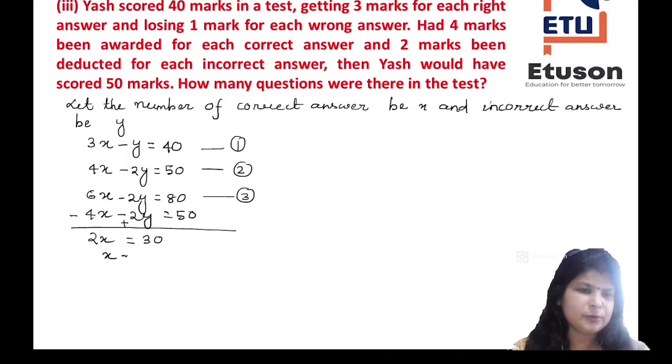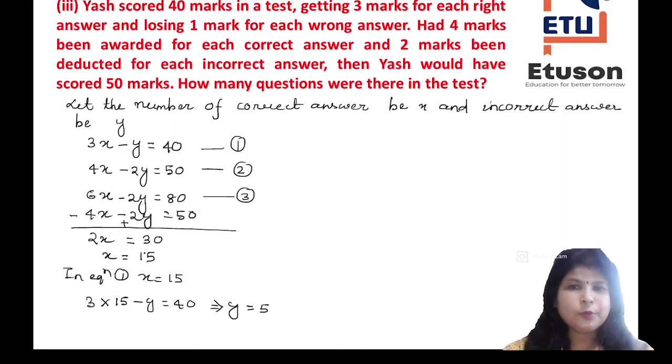So what is the value of x? x is equal to 15. If x is equal to 15, you put it in any of the equations. Suppose I take equation 1. If you put x is equal to 15, then you will get 3 into 15 minus y is equal to 40. So what is the value of y then? y is equal to 5.